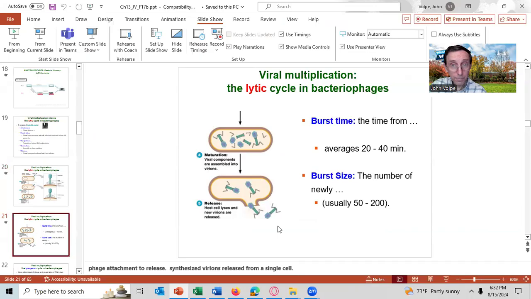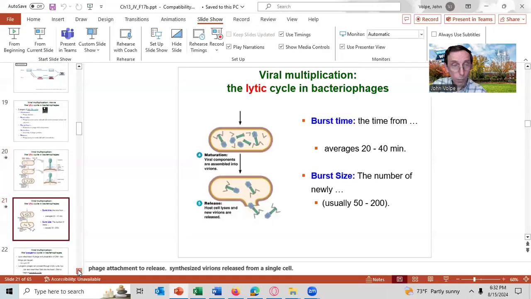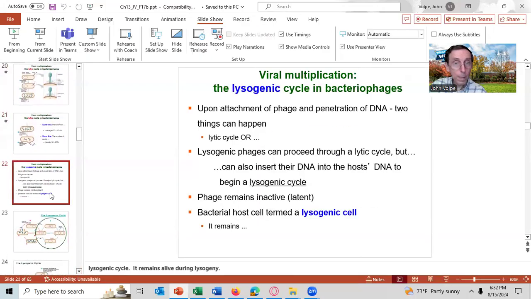Bacteriophage T4 follows the lytic life cycle. The lysogenic life cycle, I guess we will talk about that, is where the virus attaches to the cell and then injects its genome into the cell.